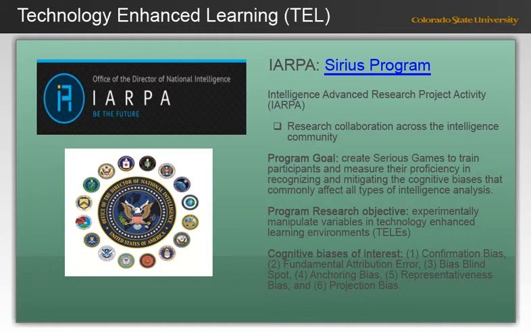The objective was really to experimentally manipulate variables within these TEL environments and then to collect data and evidence as to the impact of those manipulations on players' learning outcomes and learner engagement. There were 6 cognitive biases that are listed here that were of interest. I'm not going to go into each one of these at this point. We may talk about these further later on in the course.